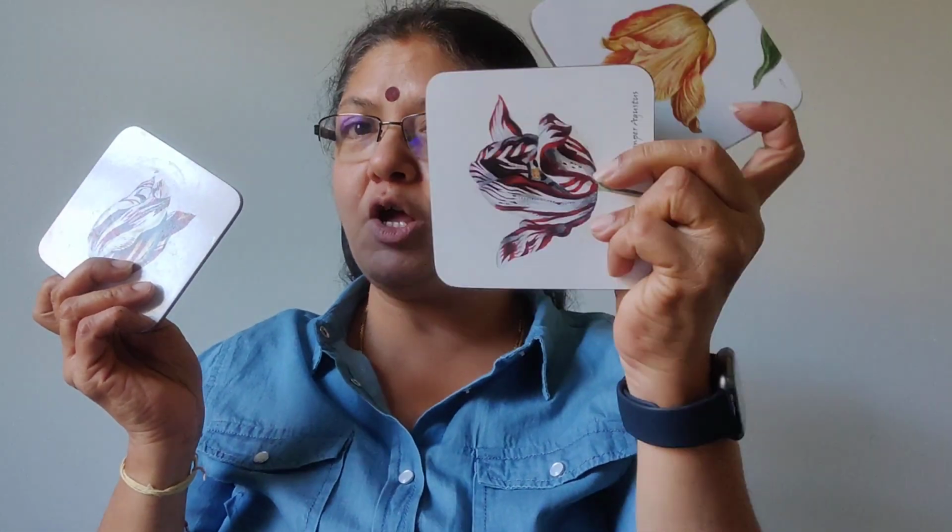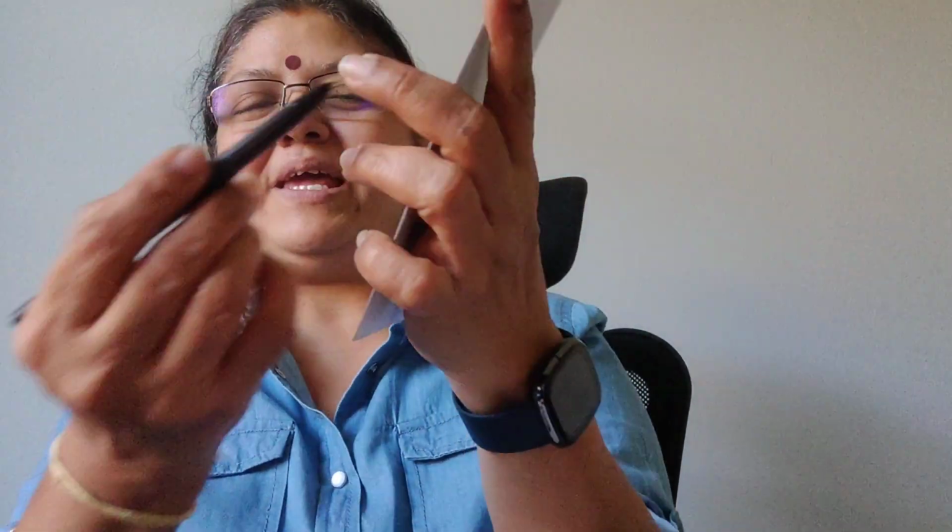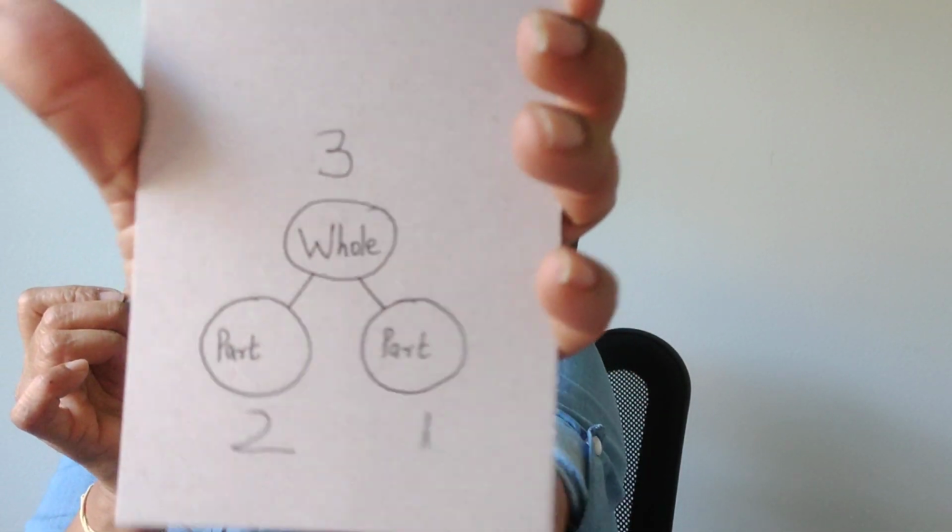So let's start counting. 1, 2, 3. So all together we have 3 coasters. Perfect. So your part 2 and 1 add up to make it 3. So your whole is nothing but 3. So you represent it as 3, which is your face, has 2 and 1.